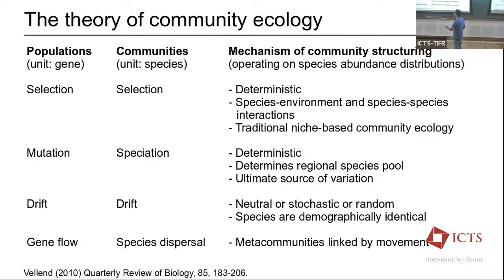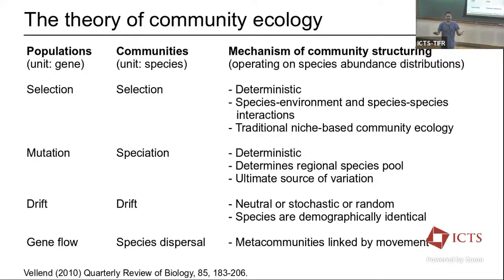Same thing happens with species and the abundances of species. If you look at population genetics here, and you look at communities here, what you're talking about here is allele frequencies, and what you're talking about here is just species abundances. The same thing can happen with species abundances. You can have selective processes, which is basically saying, if I'm a species not adapted to this environment, then my abundance in this environment will be low.